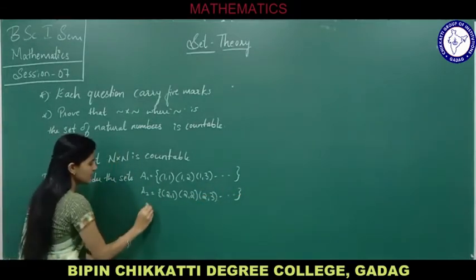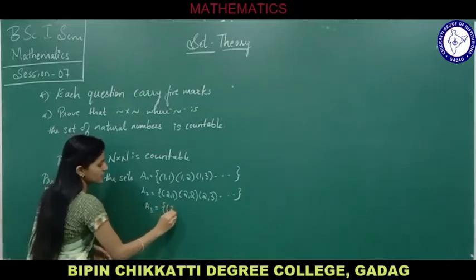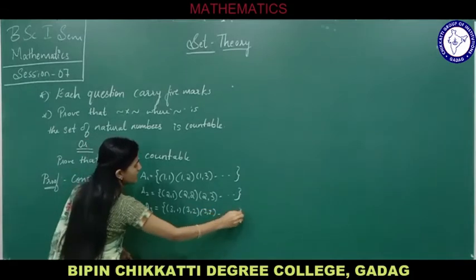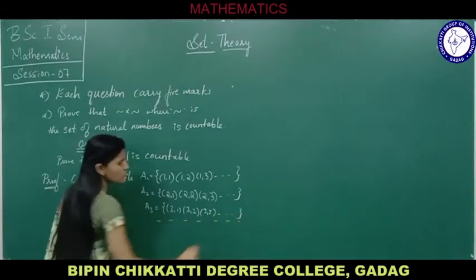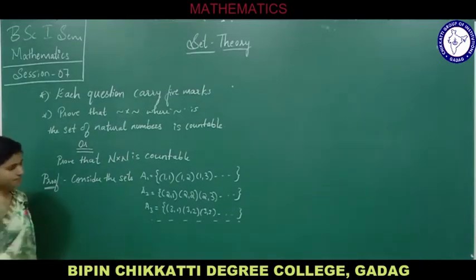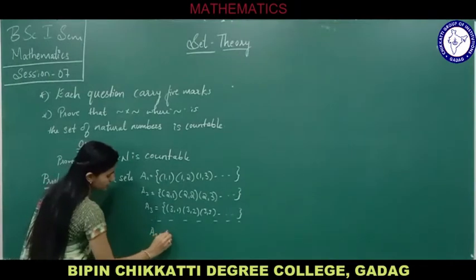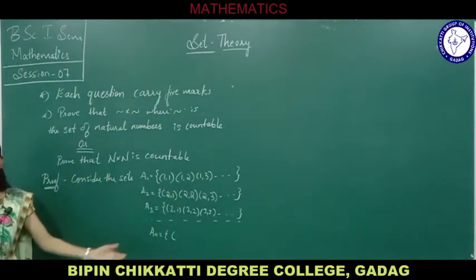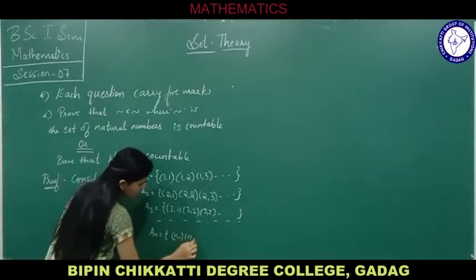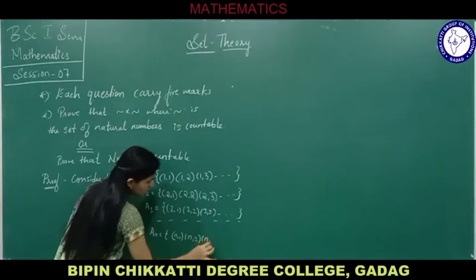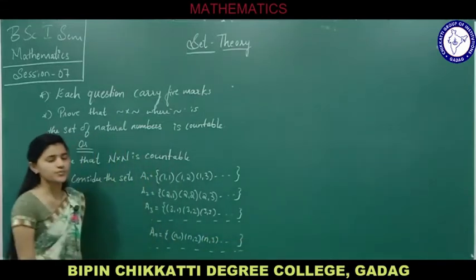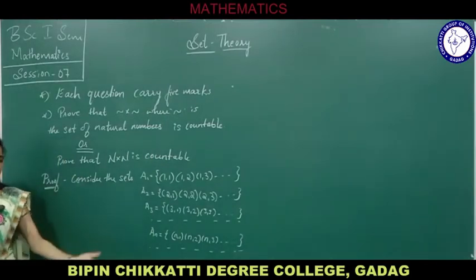And again a3 will be (3,1), (3,2), (3,3) and so on, continuing. Natural numbers we can go up to any number. an is equal to, how are we going to write that pair of numbers? That is nothing but (n,1), (n,2), (n,3) and so on, and these numbers still continue because it is the set of natural numbers.